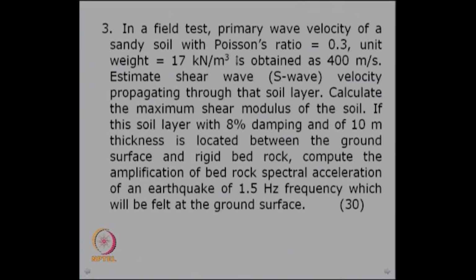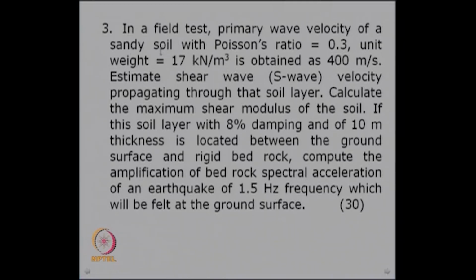So, for problem 3, let us look here. What is asked? In a field test, primary wave velocity of a sandy soil with Poisson's ratio value of 0.3 and unit weight of 17 kilonewton per meter cube is obtained as 400 meter per second, which is quite common, like you can do any kind of field test like seismic cross hole, seismic down hole, seismic up hole, SASW, MASW, all these tests.